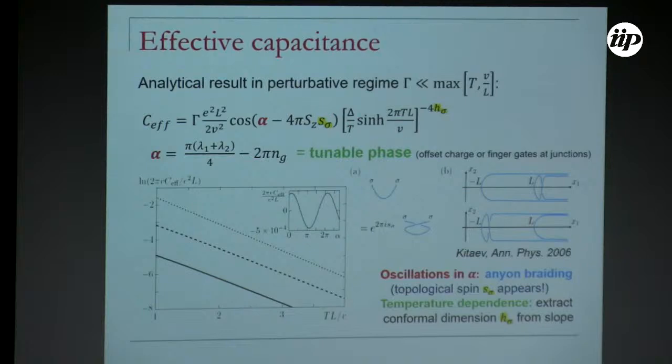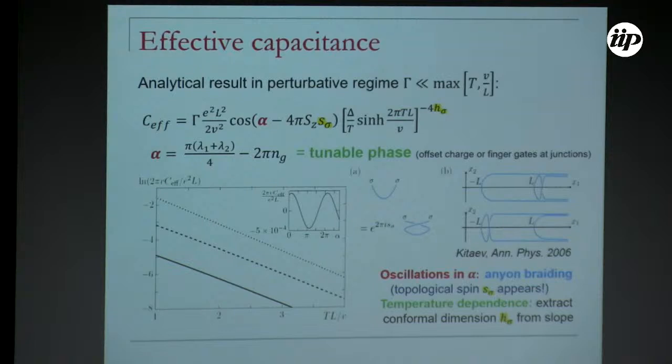So that's this interference, and that basically can be thought of as a braiding of these Majoranas around each other, of these Ising anyons around each other. So if you can see this oscillatory dependence and measure the offset, it is equivalent to showing anyon braiding.